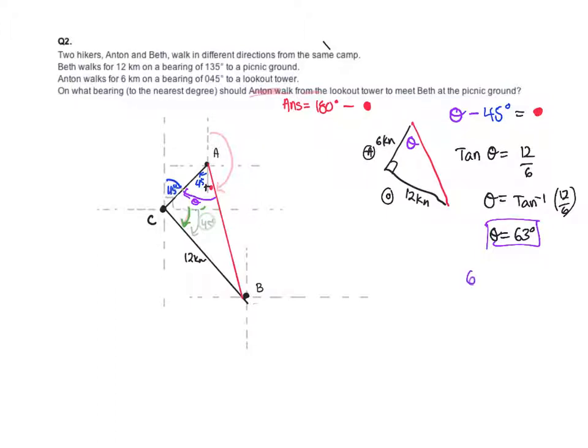So 63 minus the 45 equaled the red dot, which means it is 18. Is that right? Yeah? So 18 degrees. So if you know that's 18 degrees, you know the answer now is 180 minus 18 degrees, which is 162 degrees true.